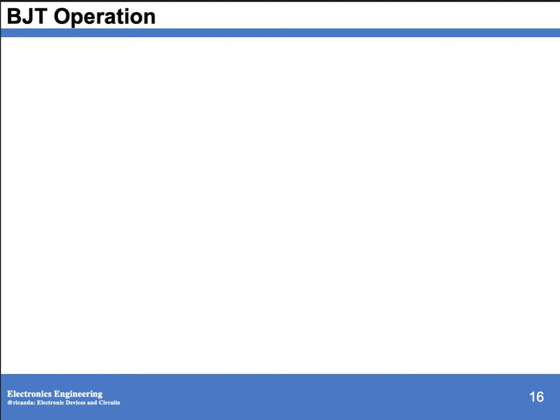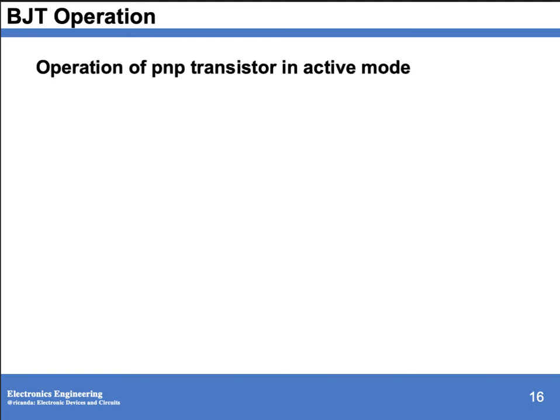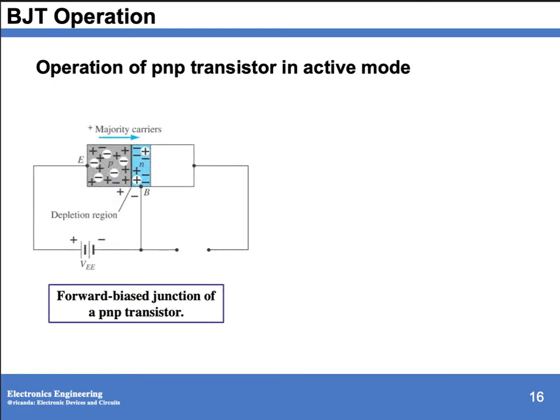The operation of the PNP transistor is exactly the same if the roles played by the electron and the hole are interchanged. The PNP transistor has been redrawn without the base-to-collector bias.